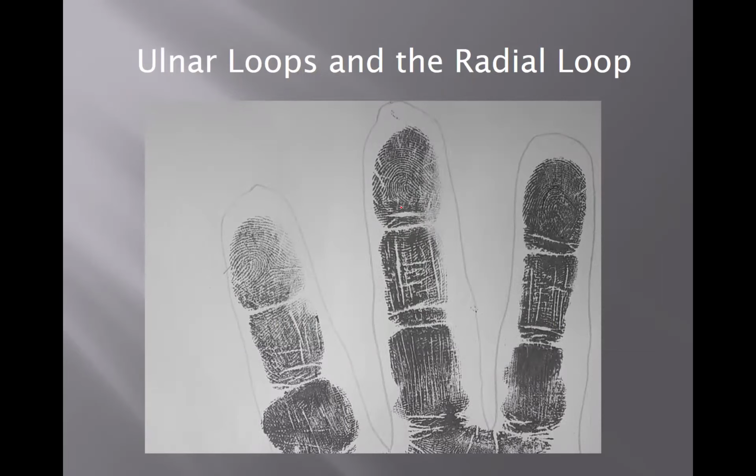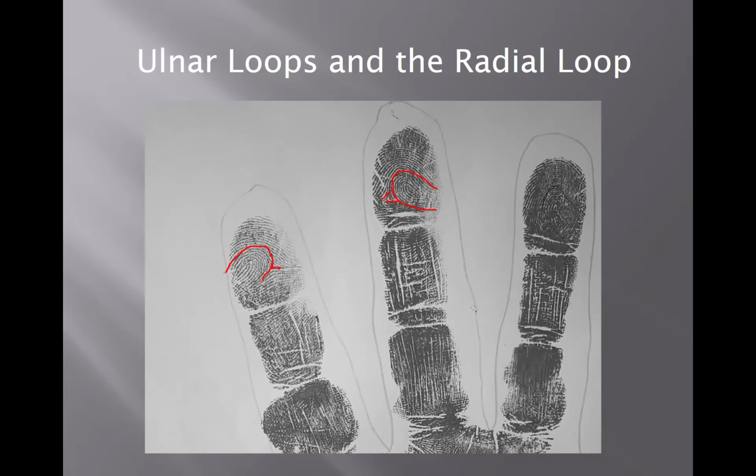So I'm giving you this example here because this is a handprint where we can see a regular ulnar loop on this finger here, and you can see the tri-radius just over there, as we expect to see. But in this finger, we can see that the tri-radius is on this side of the hand, and the loop goes that way.